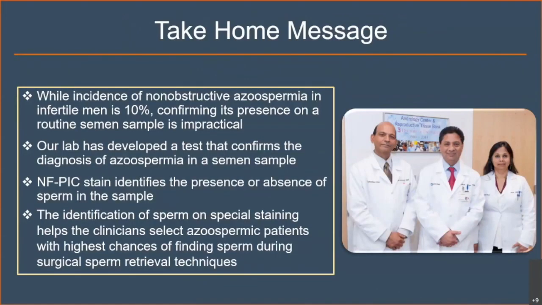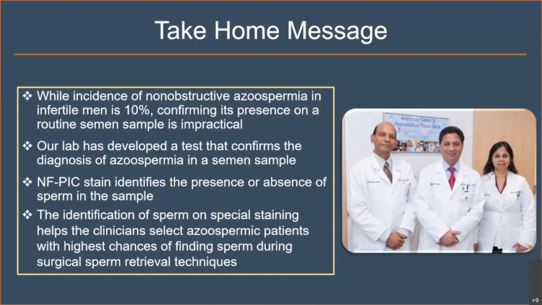So the take-home message is that even though the incidence of non-obstructive azoospermia in infertile men is 10%, it cannot be confirmed on a simple routine semen analysis. Our lab has developed a test that confirms the diagnosis of azoospermia in a given sample, and the NFS stain identifies the presence or absence of sperm in the sample.